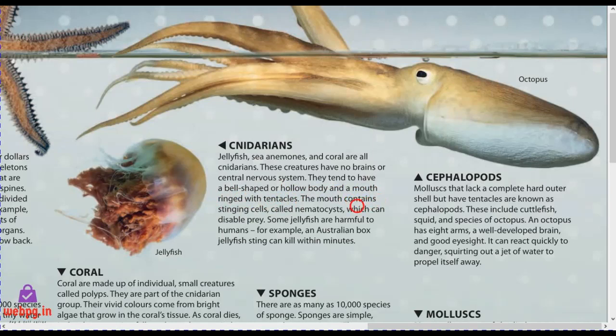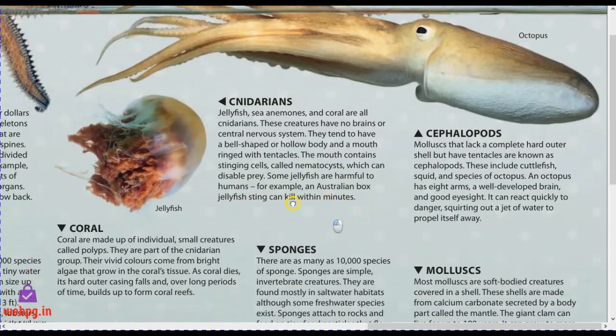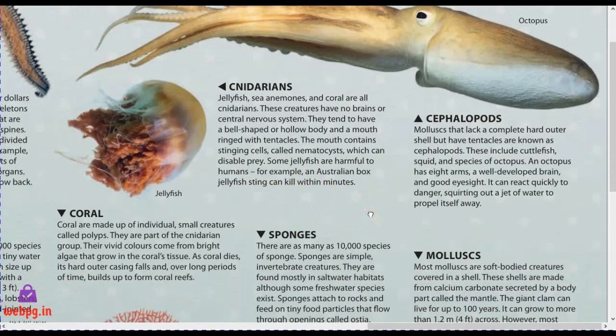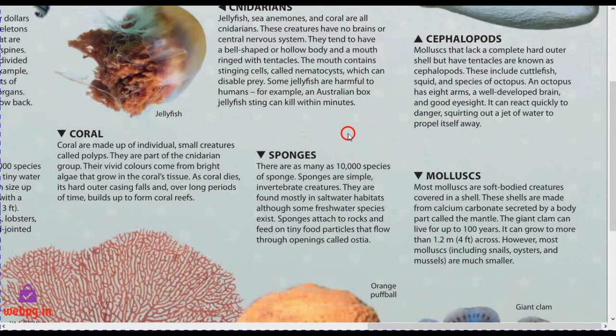The tentacles contain stinging cells called nematocysts, which can disable prey. Some jellyfish are harmful to humans. For example, the Australian box jellyfish sting can kill within a minute. Wow, they are dangerous. So you have to keep yourself away from those Australian jellyfish.